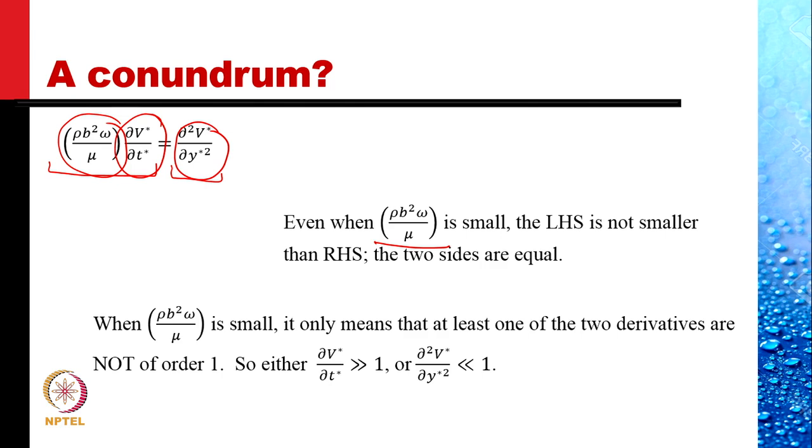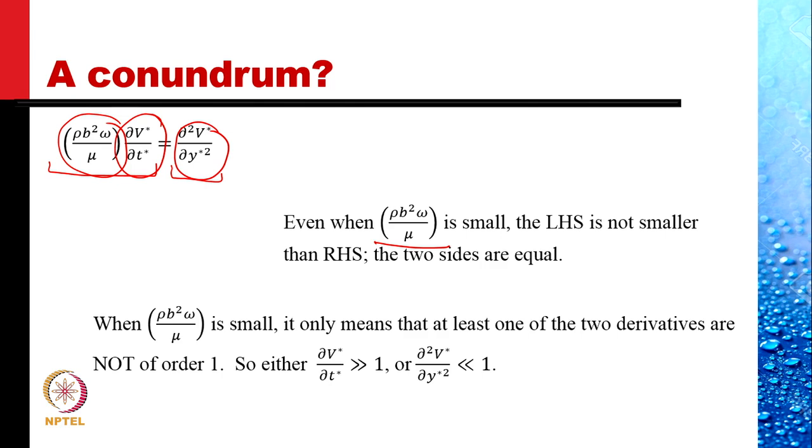When rho b square omega by mu is small, it only means that at least one of the two derivatives which we expected to be normalized is not normalized. At least one of the two derivatives is not of order 1.